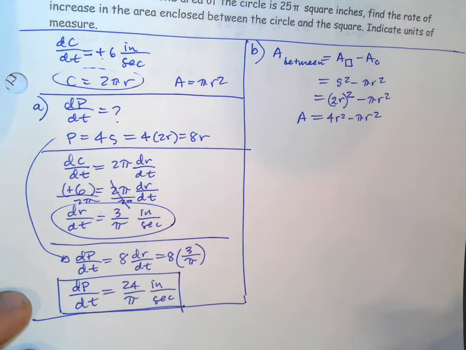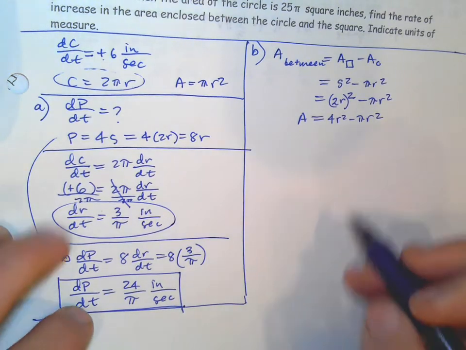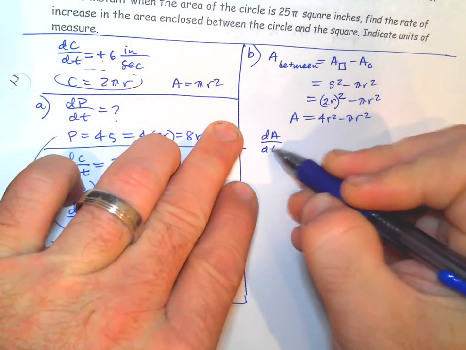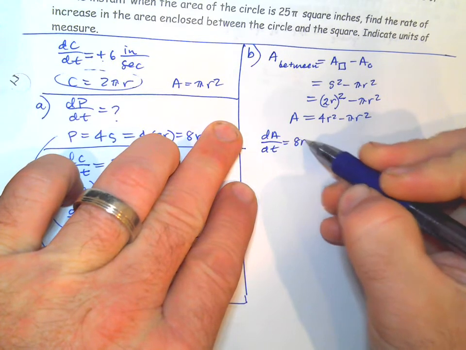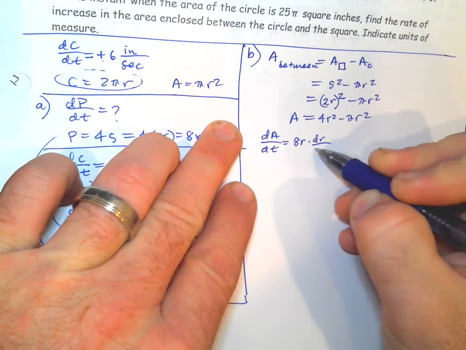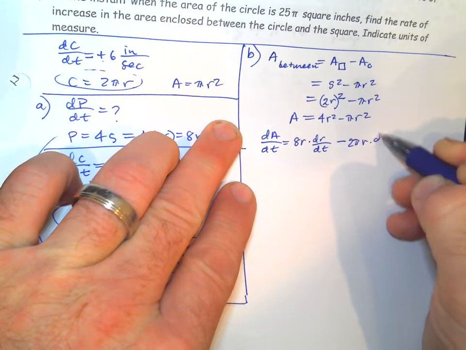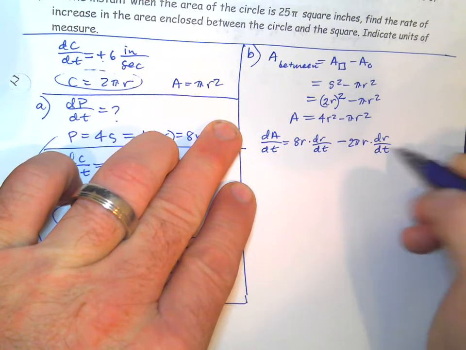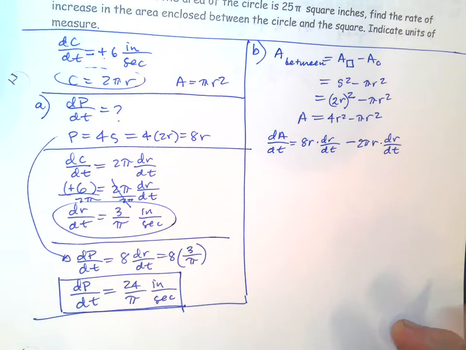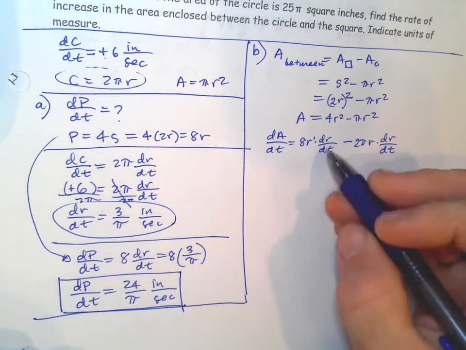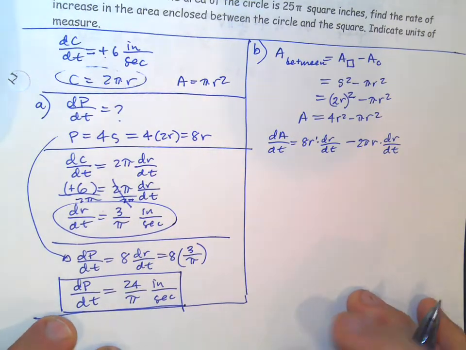So if we take the derivative of this, then we'll need dr/dt, which again we already found for part A. So we're going to take the derivative implicitly. dA/dt equals 8r dr/dt minus 2 pi r dr/dt. Power rule first, multiply by 2, decrease the power by 1, but then you got to follow up with the derivative of what's inside, implicit.